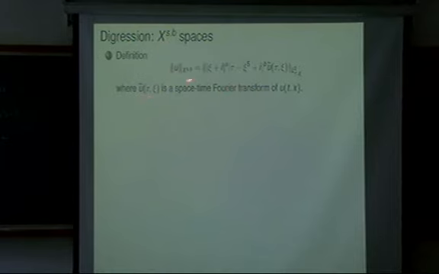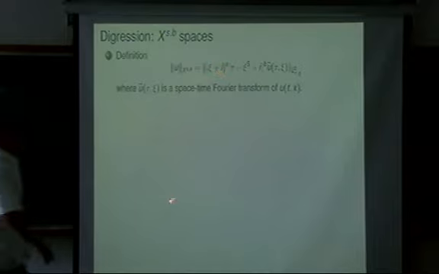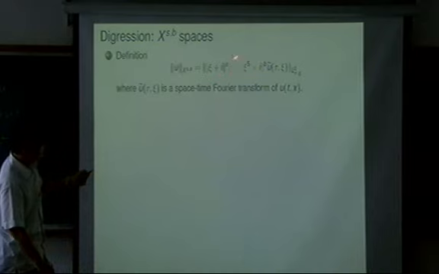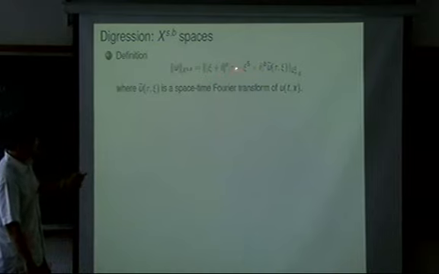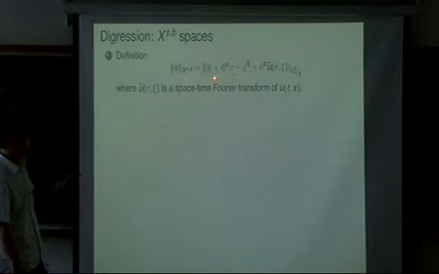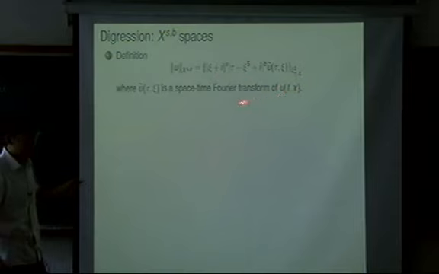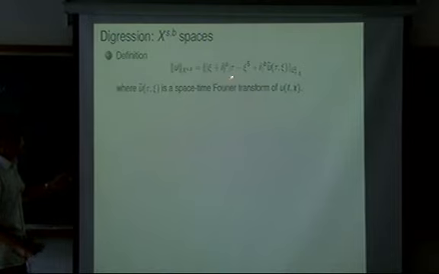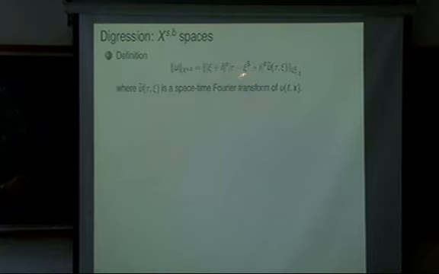By definition, if we don't have the second factor, like the weight (tau minus xi to the fifth, to the power b), then this is the definition of the Sobolev space in space-time with s derivatives. But here we have one more factor.